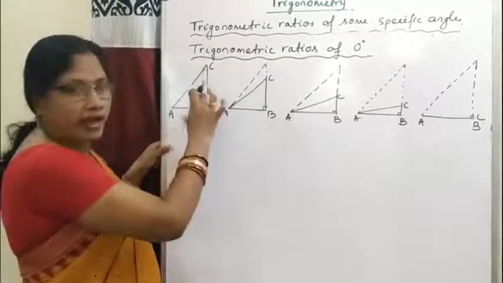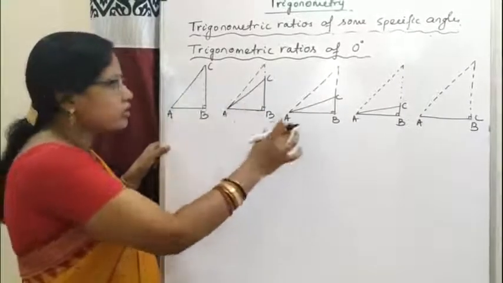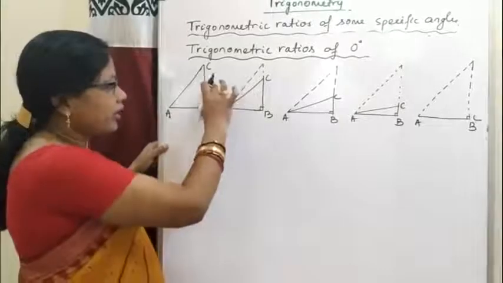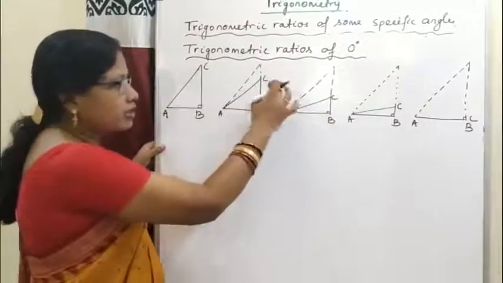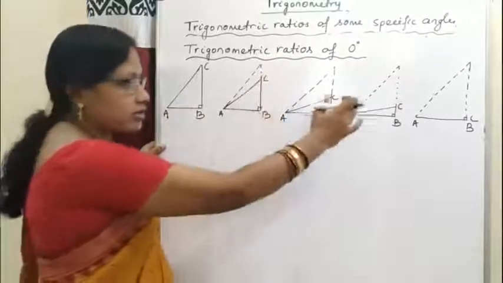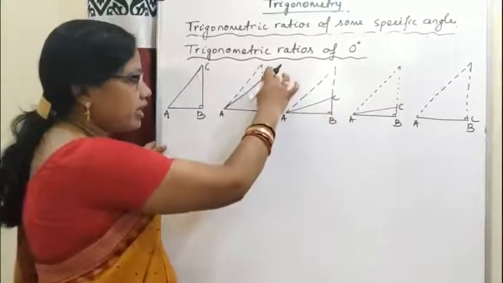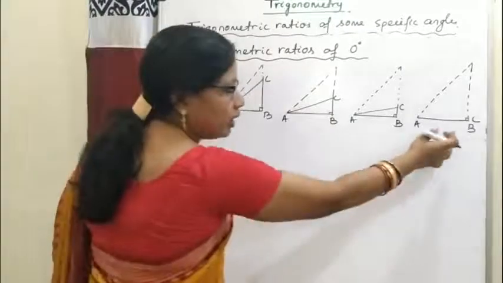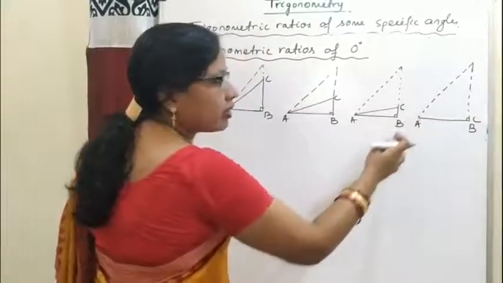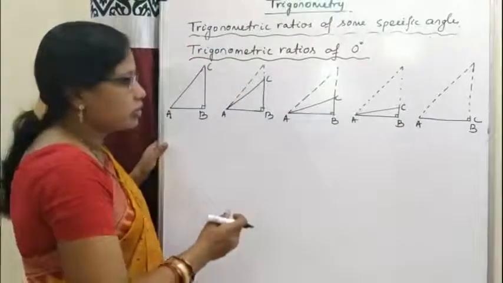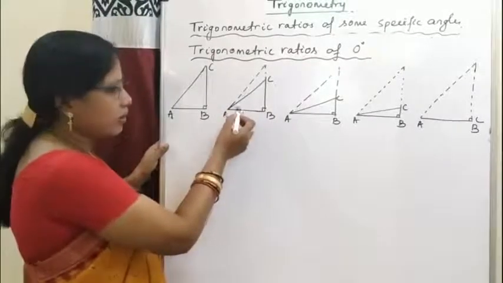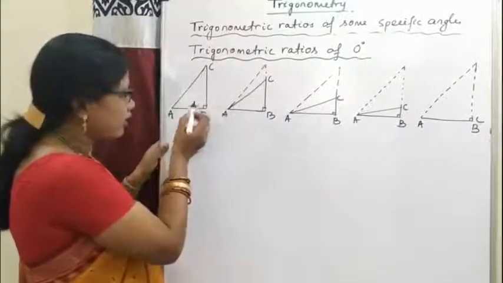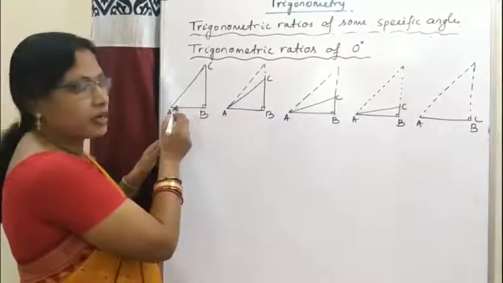So if angle A is continuously decreasing, then the length of BC is also decreasing continuously. If the decreasing process continues, then C coincides with B, where the angle A becomes nearly equal to 0. In the second figure, the angle A is smaller than the angle A of the first figure.